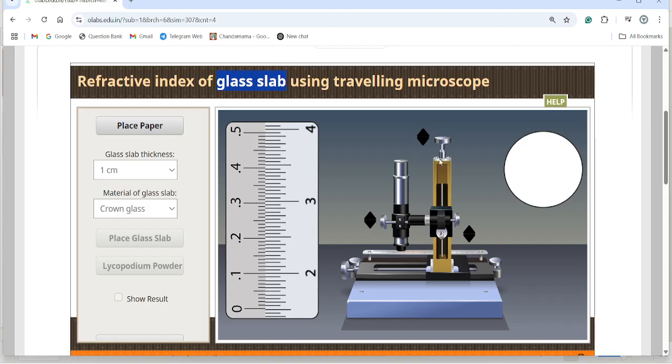In this experiment, we are using the vertical scale. This is the scale, and in this scale there is a vernier scale. You need to observe here that every 1 centimeter is divided into two parts.